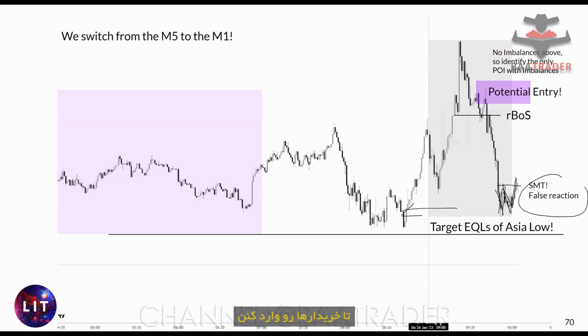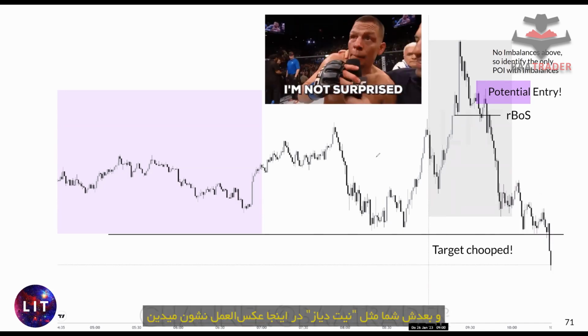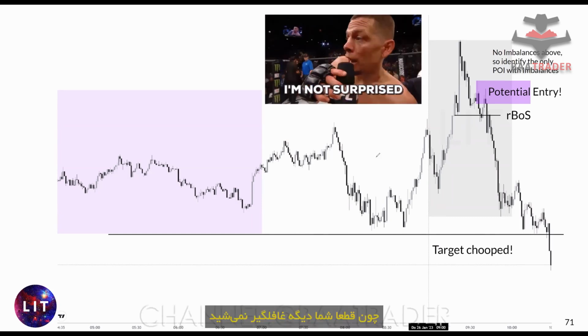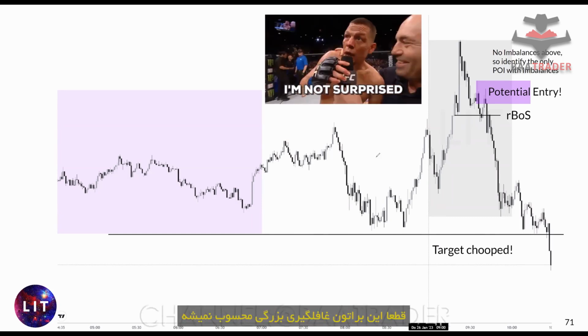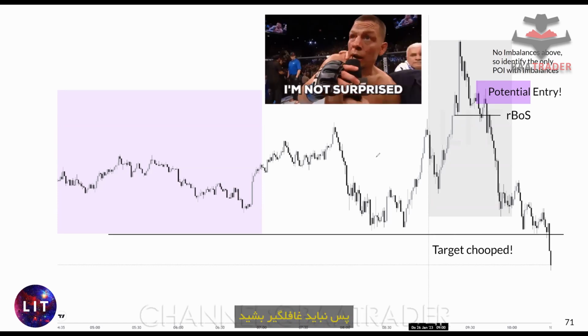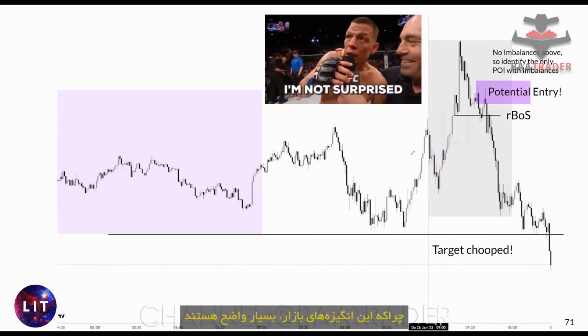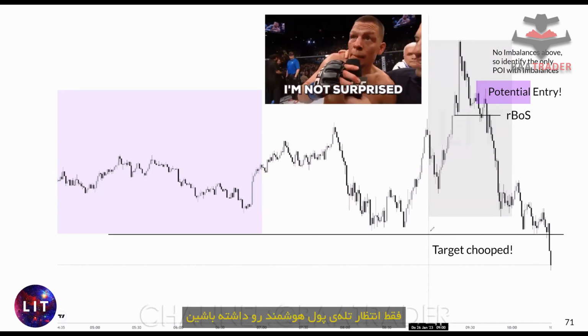To get buyers in, of course, before what? They get tubed, and then you're acting like Nate Diaz in here, because you're definitely not surprised anymore. Isn't it a big surprise? Definitely not. You should not be surprised, as it's very clear market intentions. Just expect the smart money trap, and look how they literally do it over and over again.